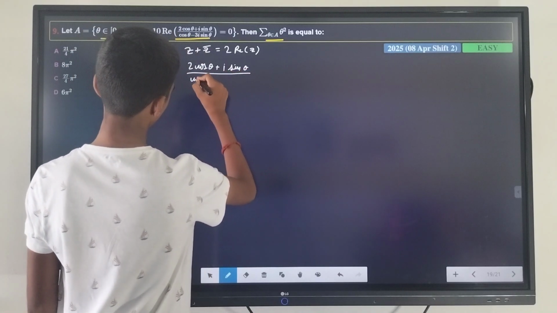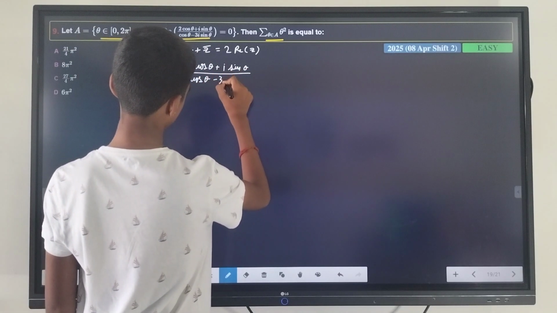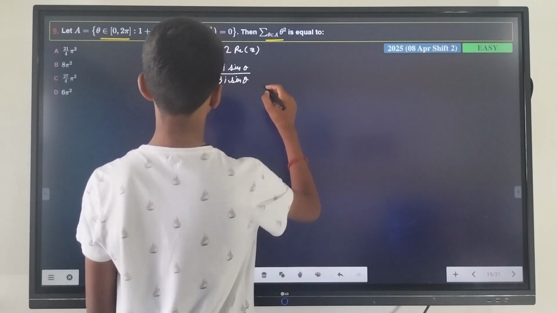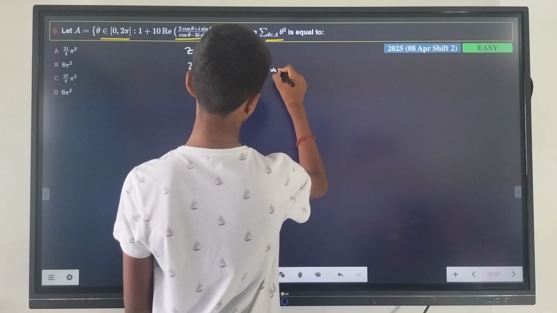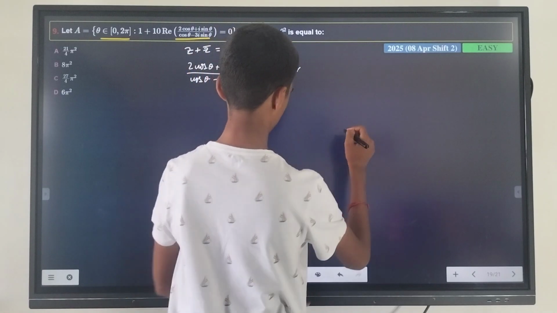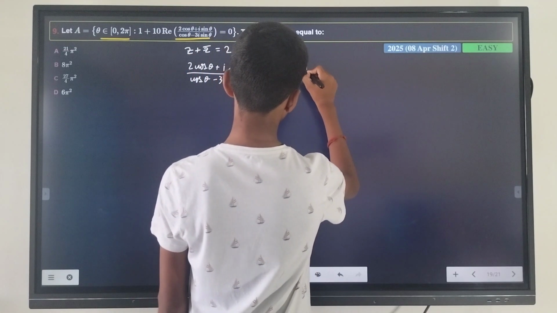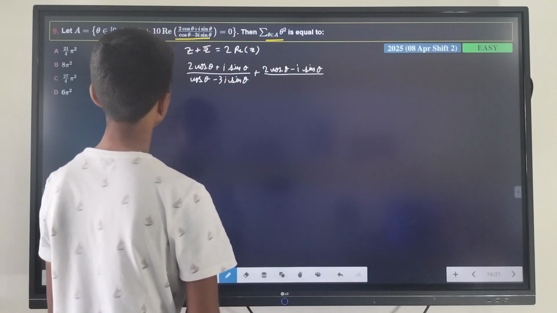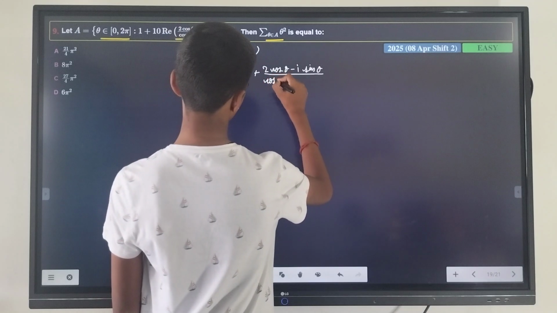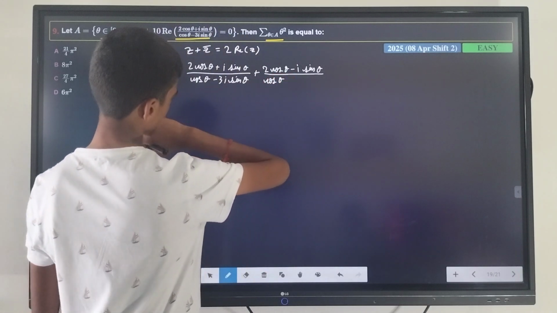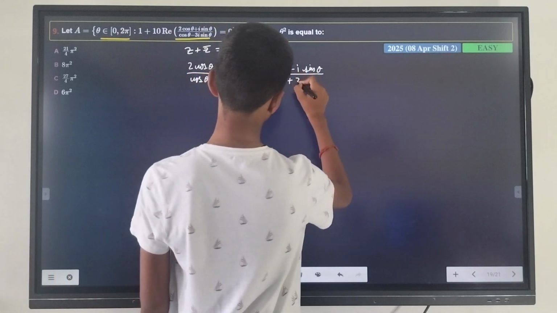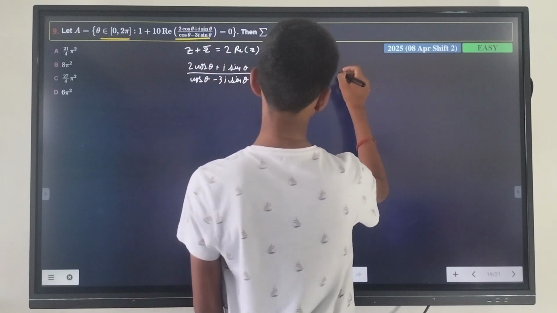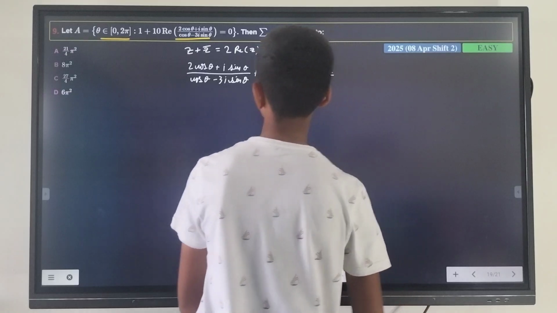cos theta plus iota sin theta upon cos theta minus 3 iota sin theta plus 2 cos theta minus iota sin theta upon cos theta plus 3 iota sin theta is equal to 2 times the real part of z.